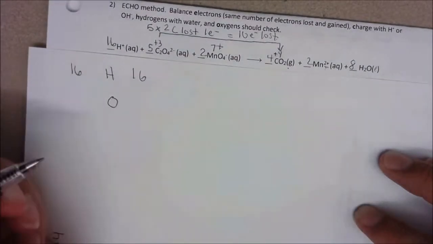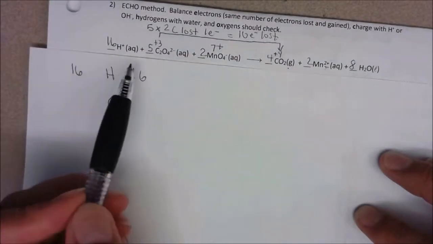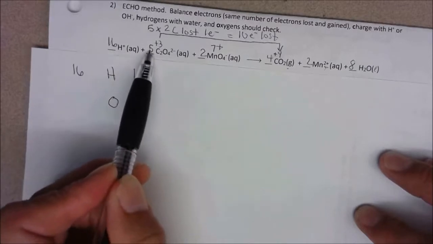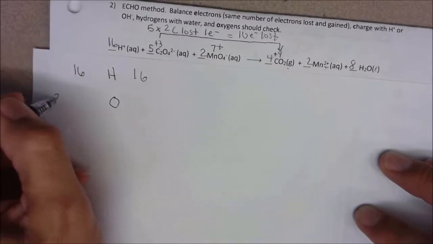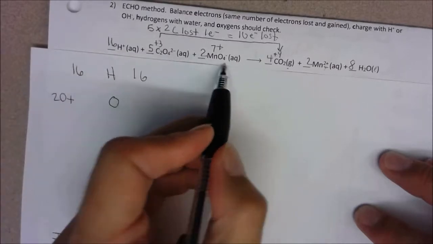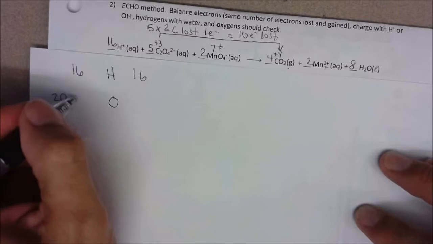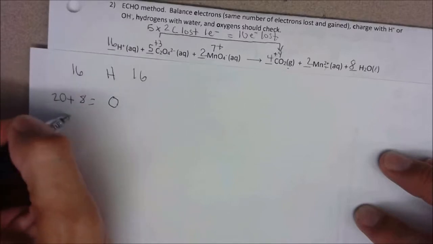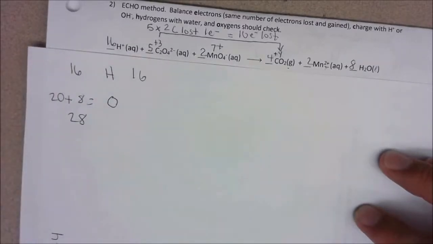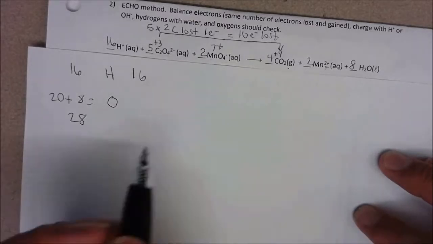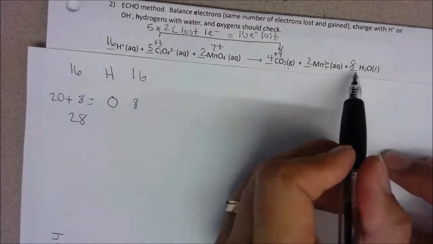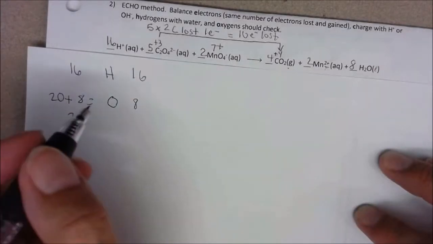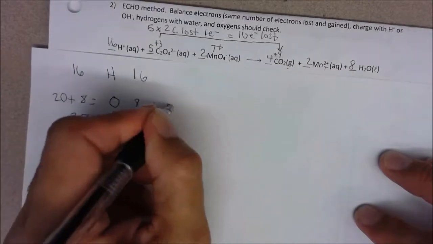Now if we did everything right, the oxygens should check out. On the reactant side, we have 20 oxygens from oxalate, plus another 8 from the permanganate, for a total of 28 oxygens on the reactant side. On the product side, we have 8 from CO2, 4 groups of 2, 8 from water.